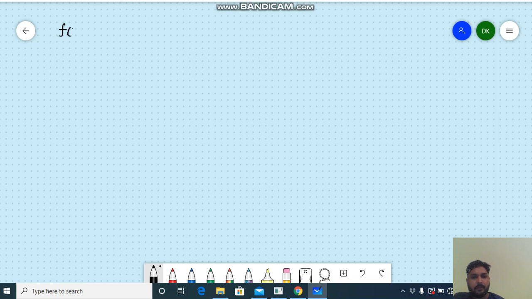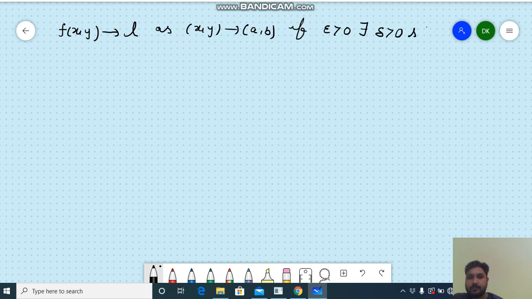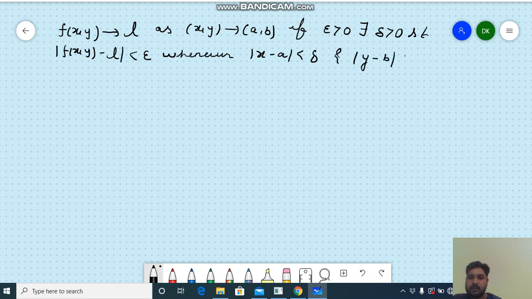Suppose f(x,y), a function of two variables, is said to tend to a limit small l as (x,y) tends to the point (a,b) if for any given epsilon greater than 0 there exists a delta greater than 0 such that mod of f(x,y) minus l is less than epsilon whenever mod x minus a is less than delta and mod y minus b is also less than delta.